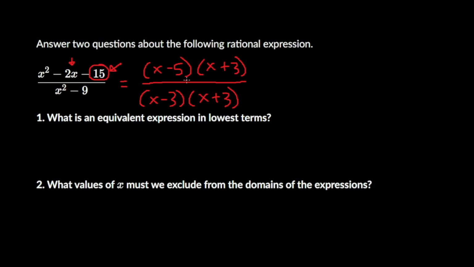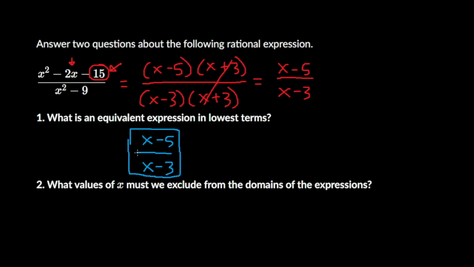All right. So when everything's being multiplied, you can just rewrite it. So x minus 5, and what do we have left? X minus 3. All right. So what is an equivalent expression in lowest terms? It's going to be this.